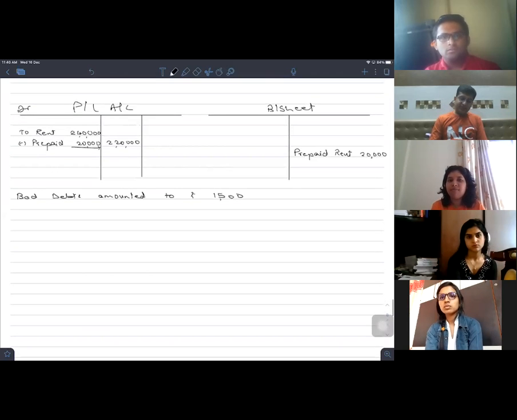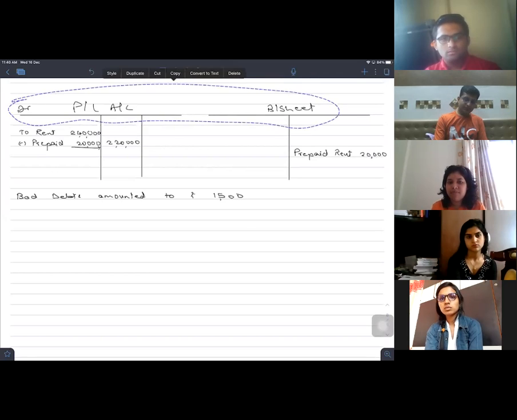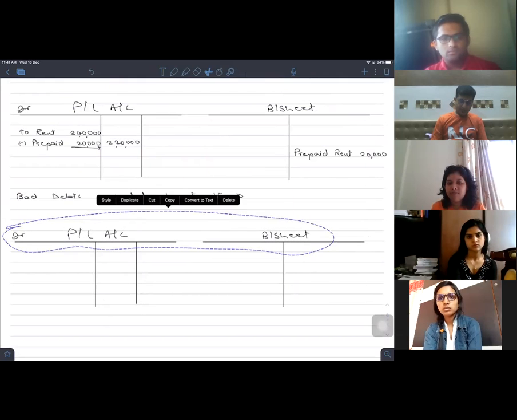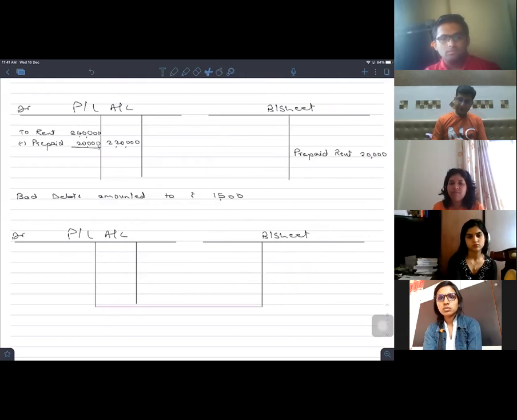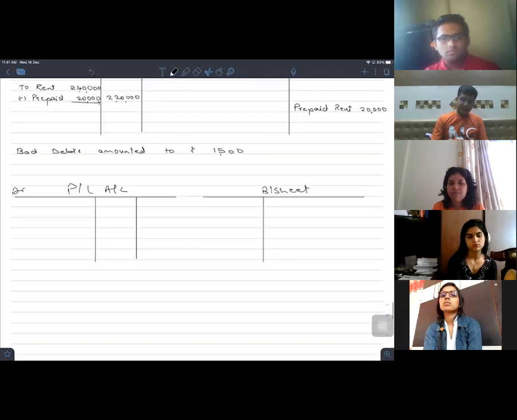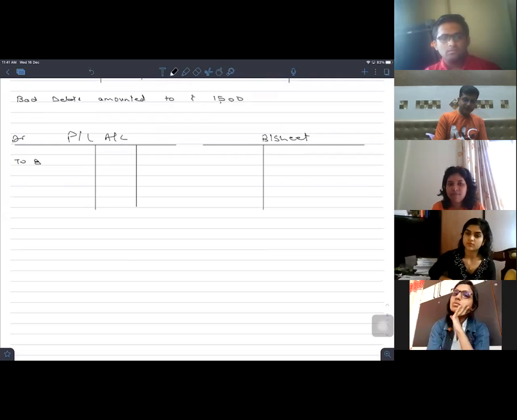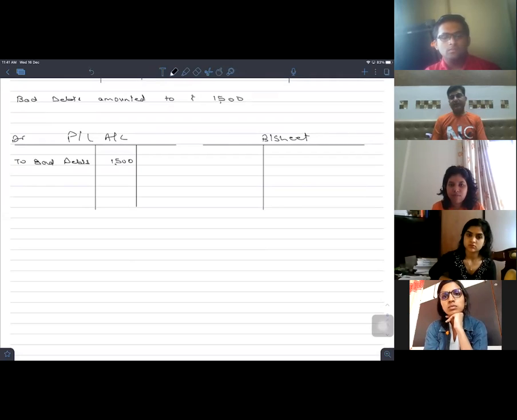What will be the effect of this? In my P&L account, onto the debit side, I'll write bad debts rupees 1,500 because this is my expense, this is my loss.